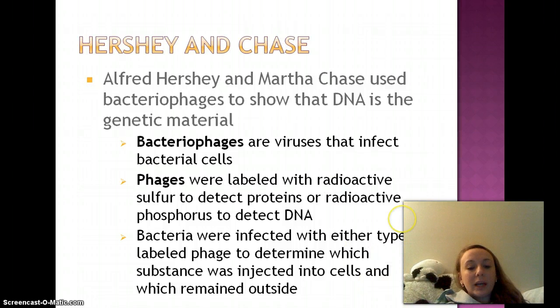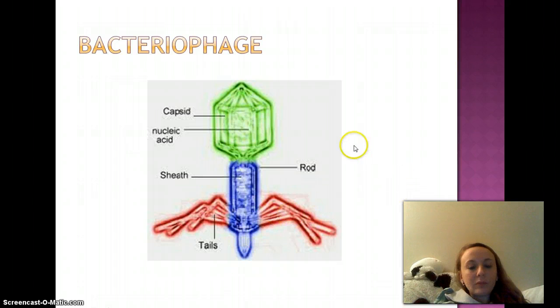So then the bacteria were infected with these viruses that were labeled with this radioactive sulfur or radioactive phosphorus. And they did this to determine what substance was injected inside of the bacteria. Because remember, taking a look at a picture here, that virus sits on top of that bacteria cell and injects genetic information into that bacteria cell.